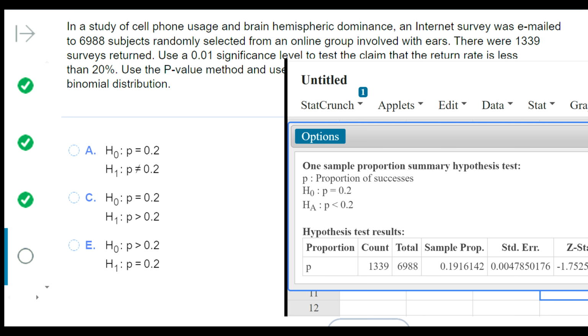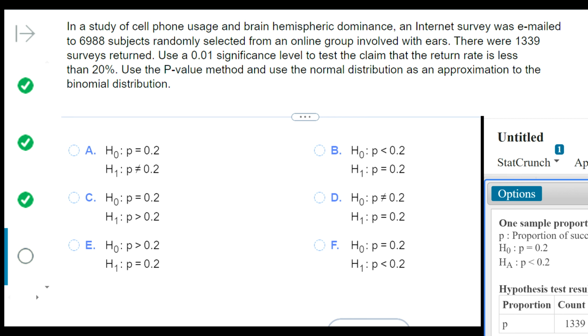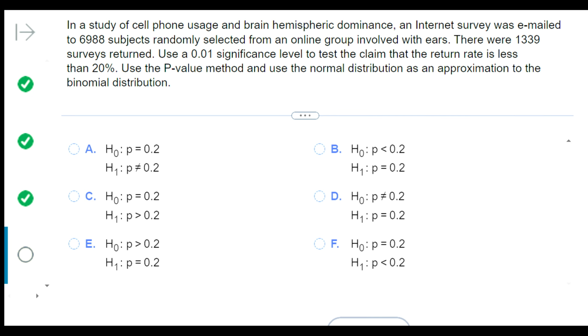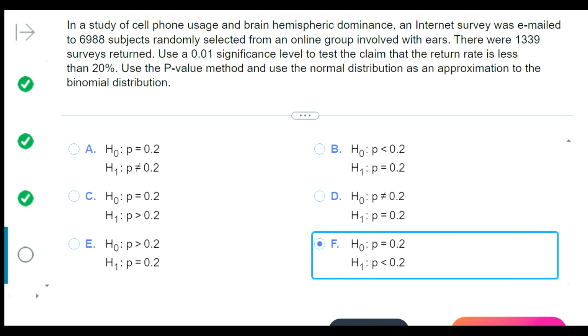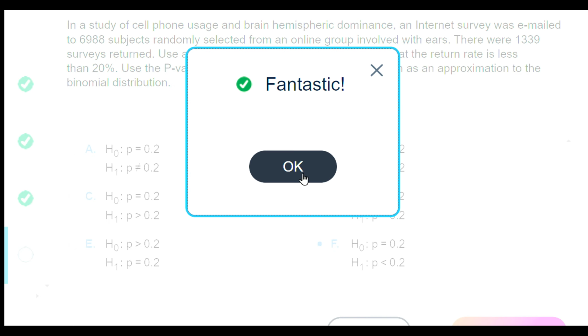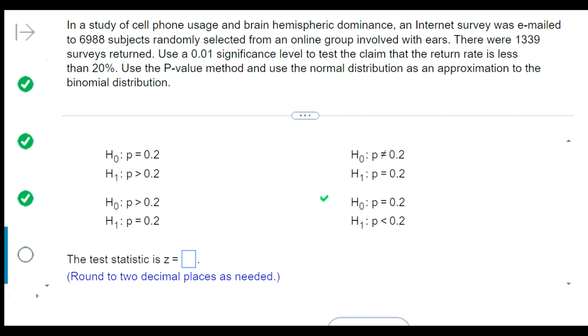I guess I need to decide which one of these hypothesis tests it is. So we're testing the claim that it is less than 20%. So it's this one. The initial hypothesis is always equal. The alternate is either less than, greater than, or not equal to. All right, so that's the one I want.